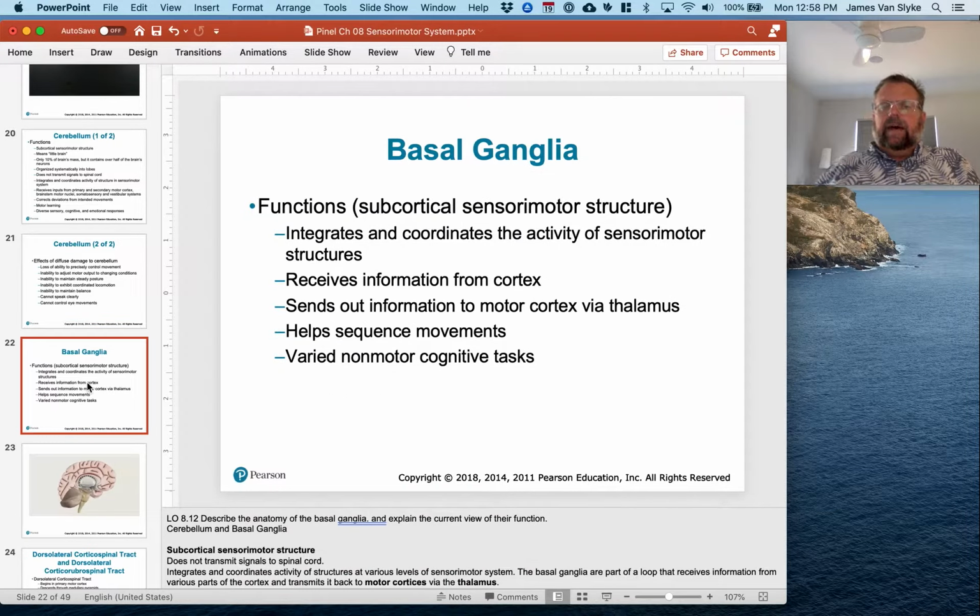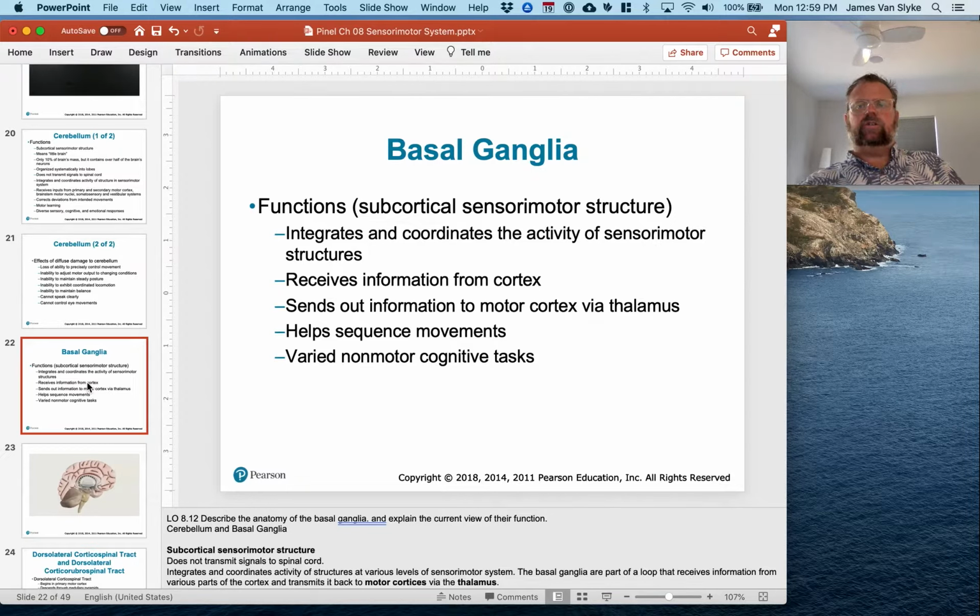Okay, finally, the basal ganglia. This is a subcortical sensorimotor structure. The basal ganglia integrates and coordinates the activity of our sensorimotor structures, receives input from our cortex, and then sends out that information to the motor cortex via the thalamus.